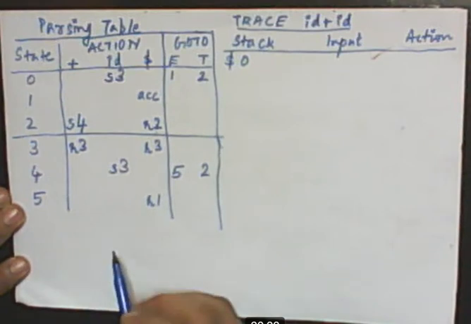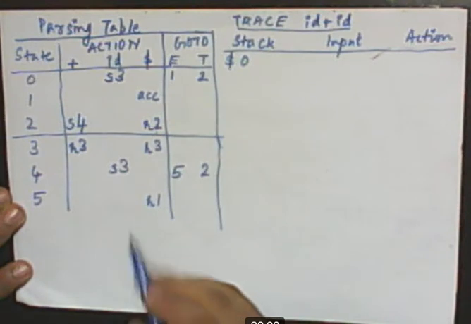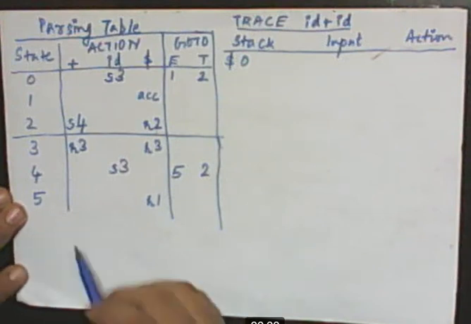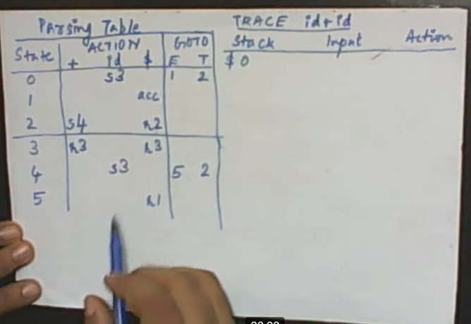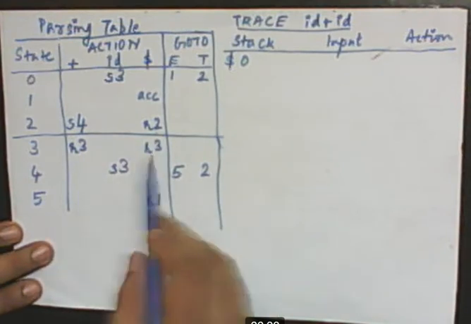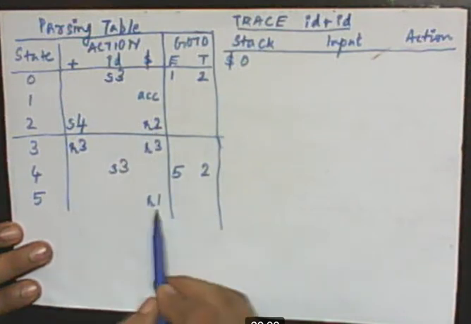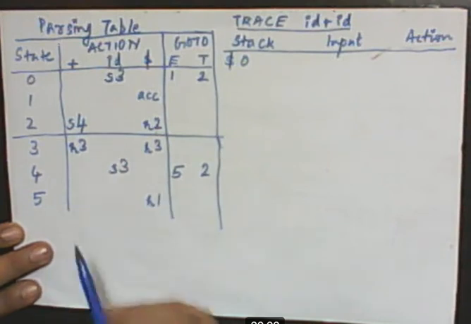So you cannot just keep on reducing for any terminal symbol that you find in the input. You will selectively put it. So you are putting stricter measures for the reduction operations. That is why you see these reducing operations very less. You have so many blank spaces.